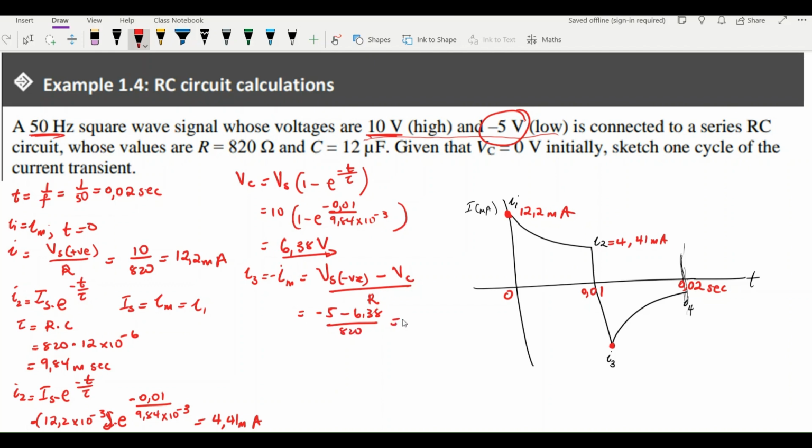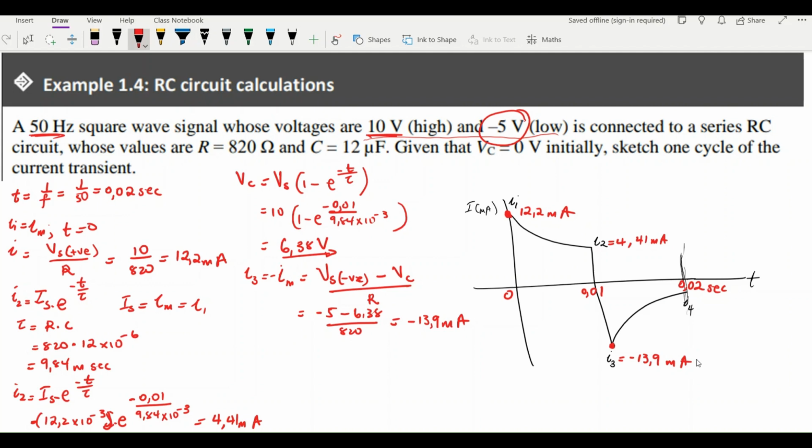This gives us negative 13.9 milliamperes. That is the current that will be present at that point at 0.01.